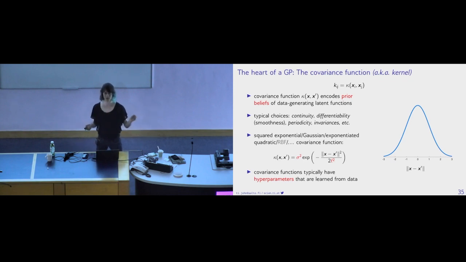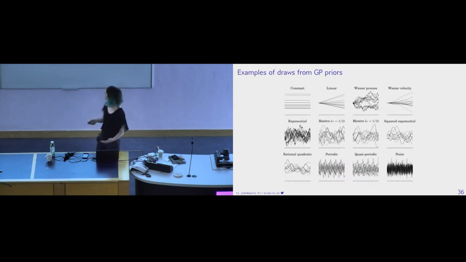You probably should think a little bit harder about what you actually believe over your function. I'm not going to be able to go into details of what covariance functions there are, so I'm just going to briefly show you this visual representation of samples from Gaussian processes with different covariance functions. And you'll see that some of them are basically linear, so Bayesian linear regression is basically a special case of Gaussian processes.